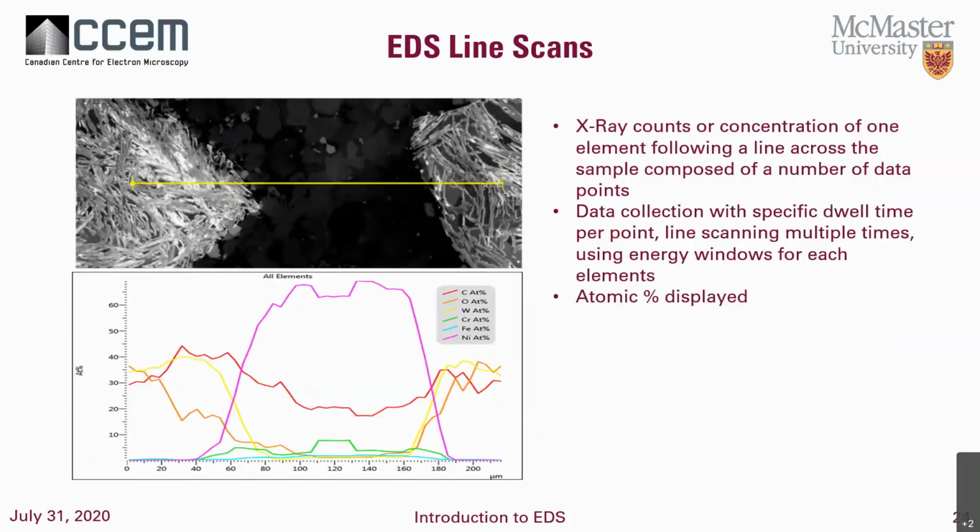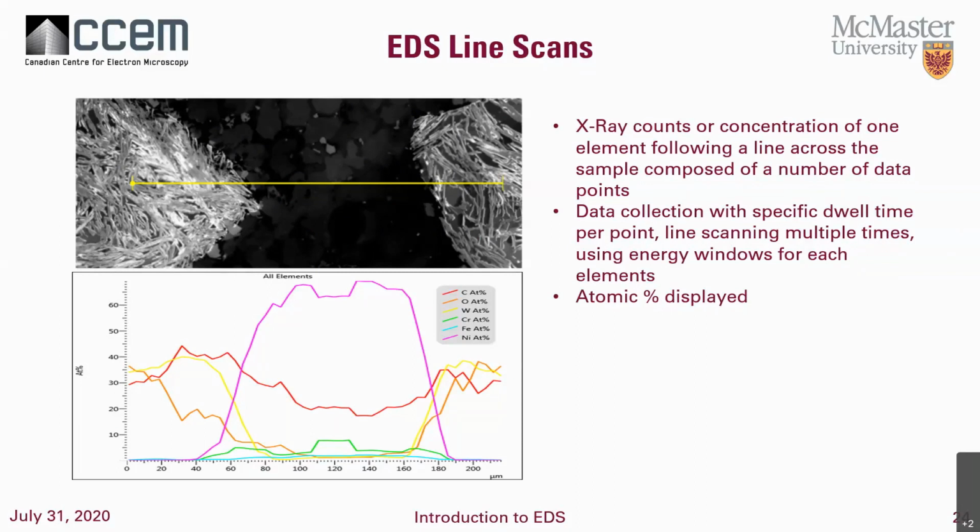Line scans, a very useful thing. It doesn't take the time you have to spend on a map. Maps, if you've got a really modern system, might be done over a very short period of time, but sometimes mapping might take up to tens of minutes, hours, depending on how much data you need and what you're looking at in the map, especially if you're looking at things that are fairly low concentration.